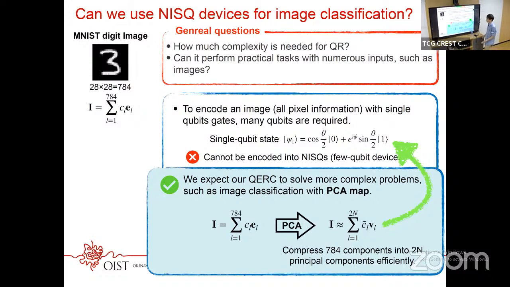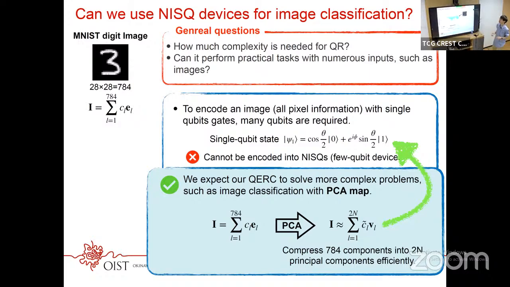To do that, we compress this information nicely to the smallest size. We compress 784 components into a few principal components efficiently using PCA. This is a classical data processing approach, and this is very cheap, actually, not so expensive.